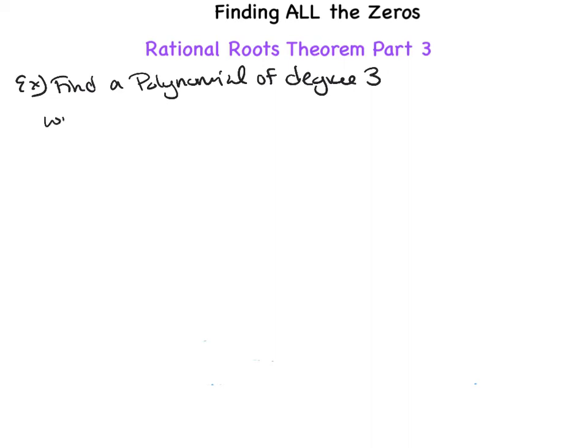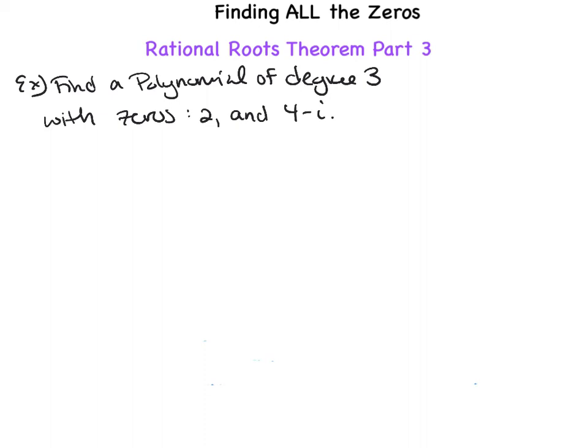Okay, let's say we're going to change the question just a little bit. Instead of finding the roots or factoring, let's go the other way and find the polynomial. So let's say that we need to find a polynomial of degree 3 with zeros 2 and 4 minus i.